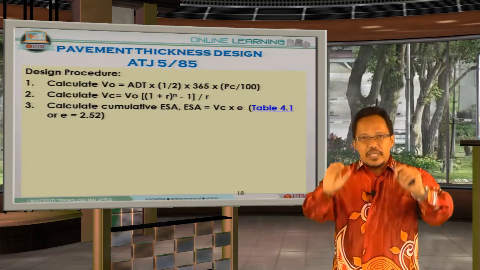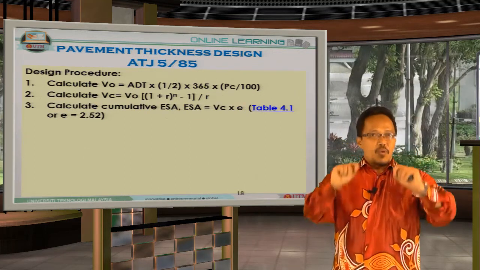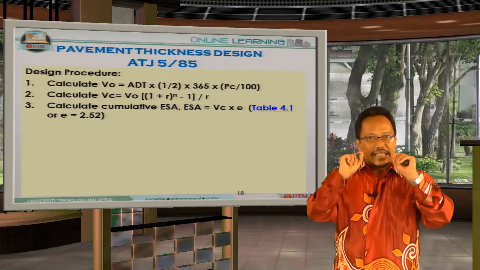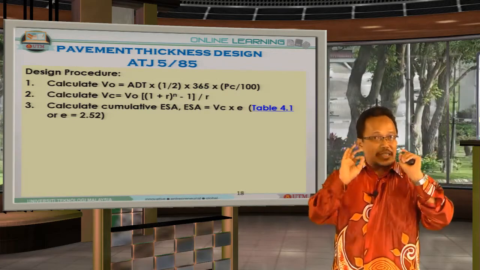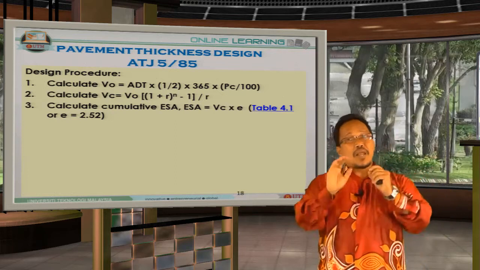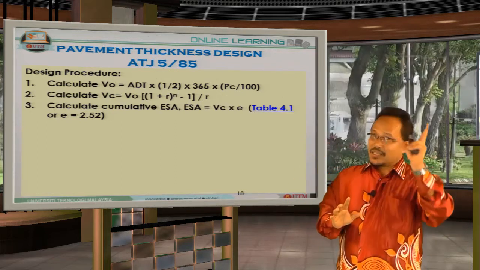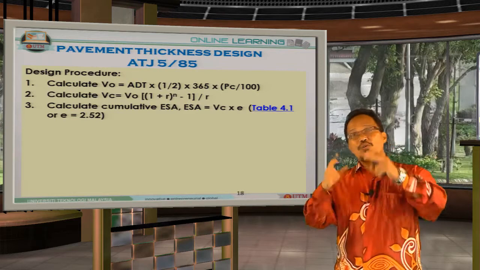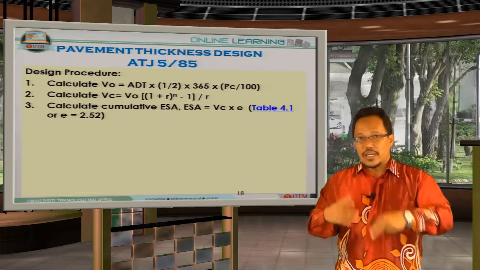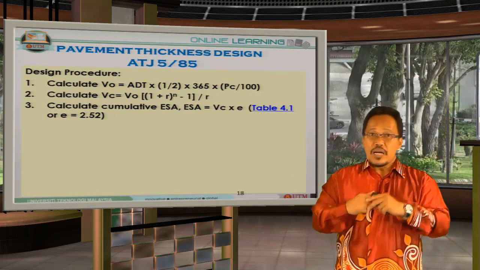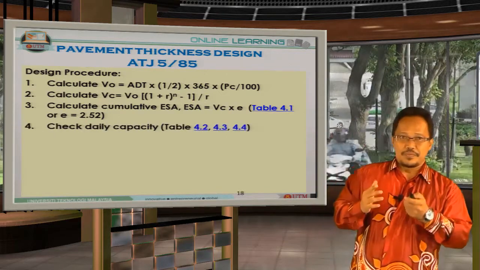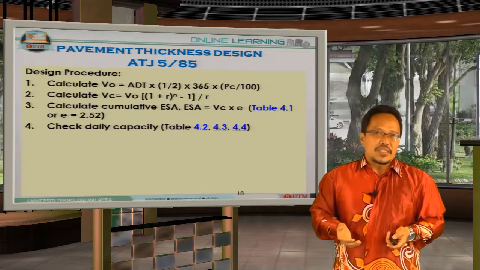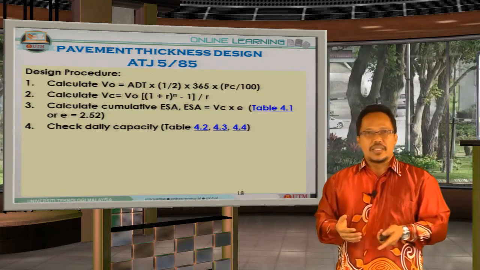When you want to design the pavement, what you need is the equivalent single axle, or ESA. ESA is your VC multiplied by the equivalence factor which you have seen before, or you use Table 4.1, I'll show later, or 2.52. The latest one is 3.7, if you still remember. Check the daily capacity using the table, I'll show later.